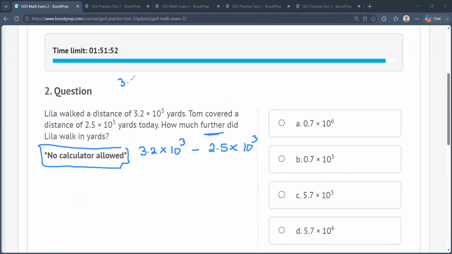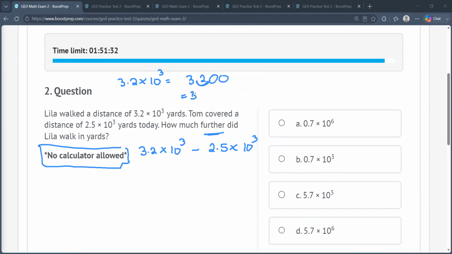For example, 3.2 times 10 to the third. If you want to write it as a whole number, non-scientific, you just move the decimal 3 units to the right because it's positive. So it's going to be 3.2 and then move it 3 units to the right. So it'd be 1, 2, 3.